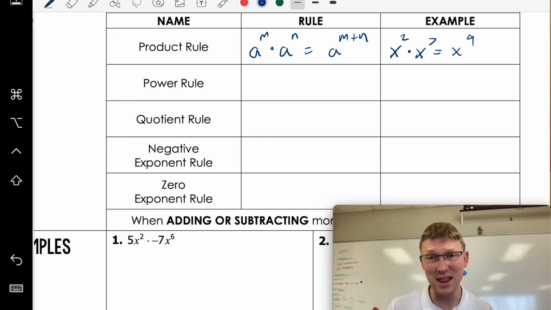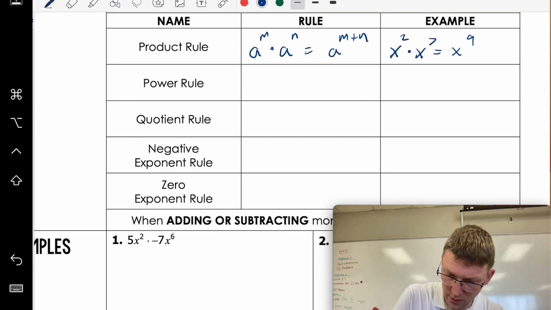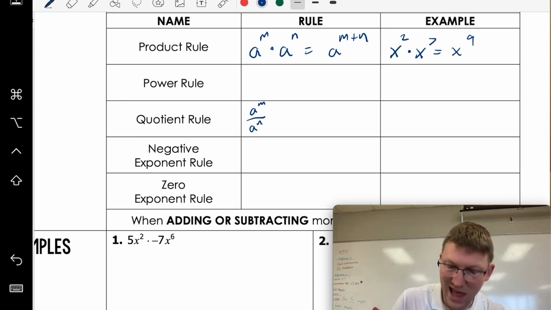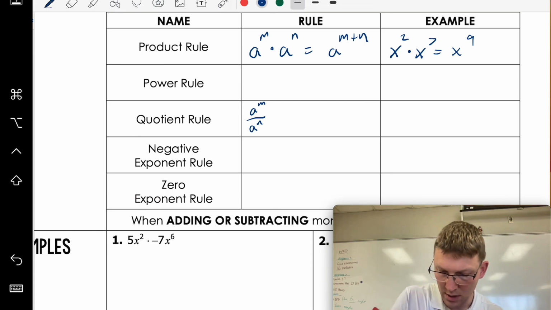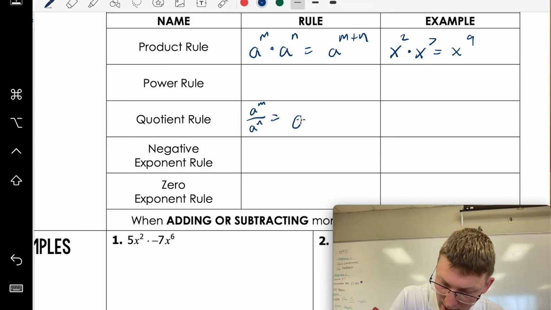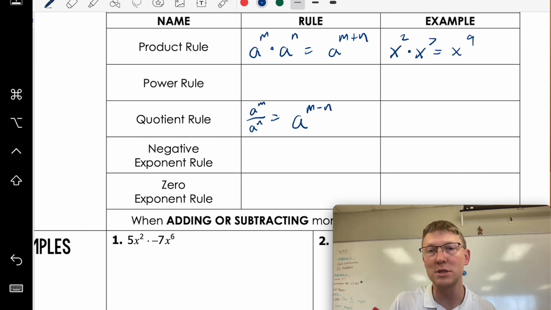So if we divide them, what do you think is going to happen? In mathese, we've got a^m over a^n. Up at the top, with the product, we added them. When we divide them, it's just going to be the opposite: a^(m-n).